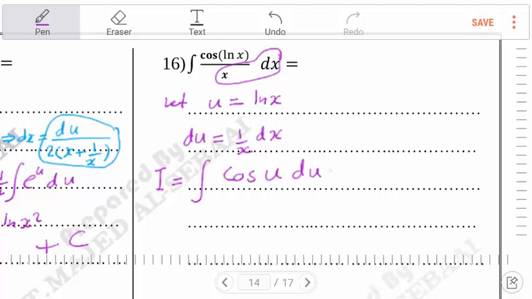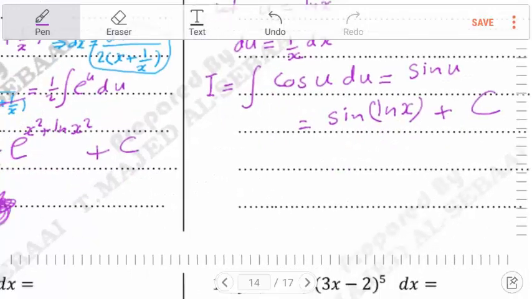Yes. Equal, what is the integration of cosine? It is sine u. We finished. Substitute u again. Sine, what is u? It is ln x plus c. Okay? Clear? Yes.